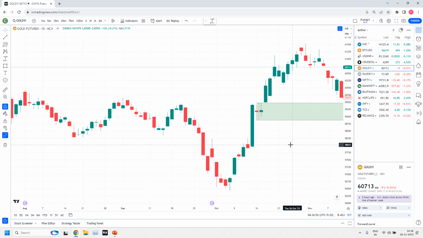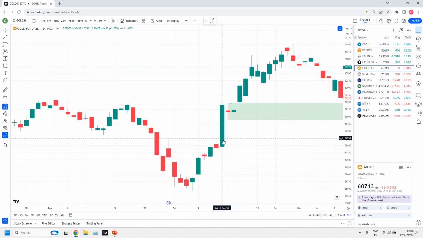But observe this zone carefully. We have a rally candle. We have two base candles. Again, we have another rally candle. But how is this rally candle created? A leg out with a gap. There is a leg out with a gap.